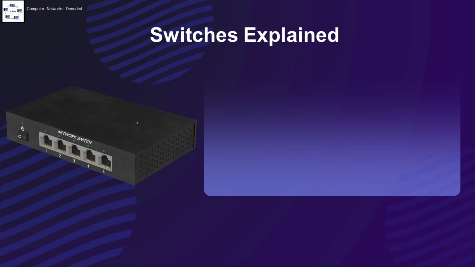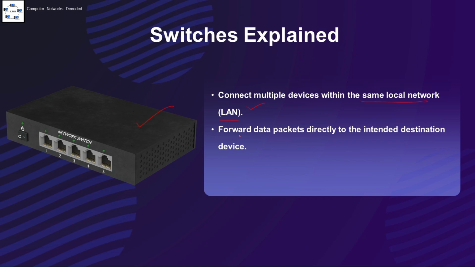Next device is the switch. Switches basically connect devices within the same local area network, or LAN, and a switch forwards packets directly to the intended destination device. What does this mean? This means that the devices are basically connected directly to the switch ports.